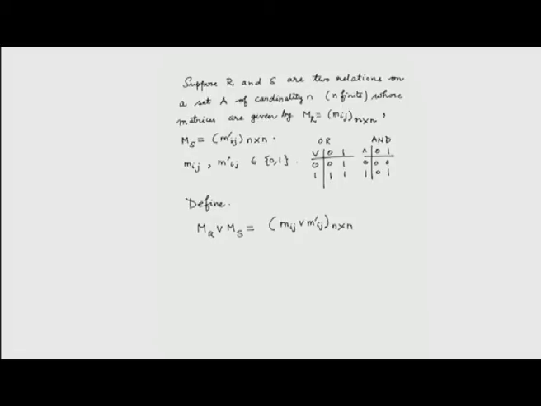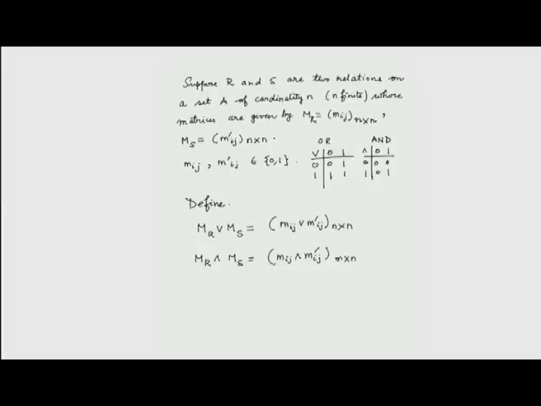That is, we take these two matrices and then we take element wise OR to get another matrix which we call OR of these two matrices. Similarly, we will take these two matrices MR and MS and take element wise AND to determine another matrix which we will call the AND of these two matrices.